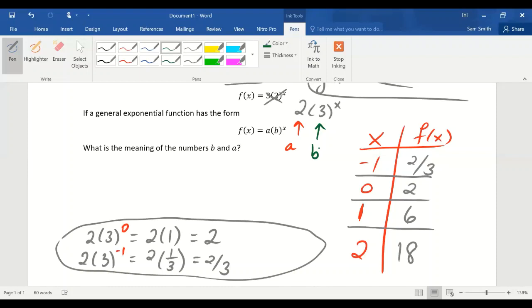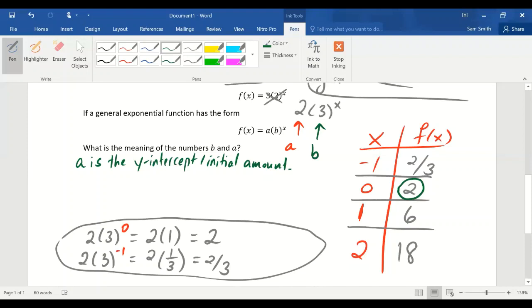Now that you've had a chance, I think that probably A, once again, is the easiest to find. The A value is, once again, the y-intercept. A is the y-intercept, or the initial amount. It's the y value that you get when x is 0.